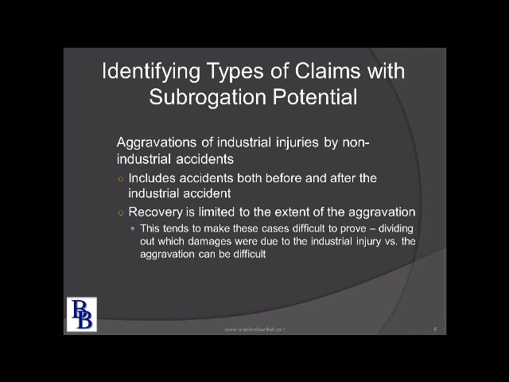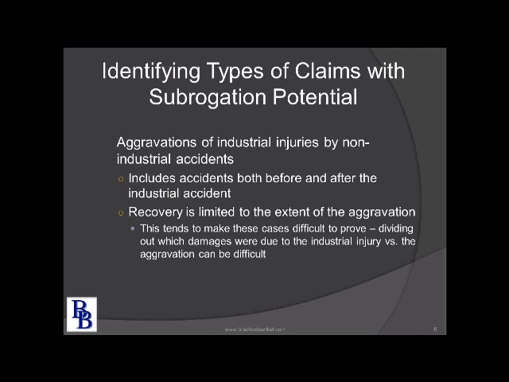But it has the potential to aggravate the injuries he's already suffered. And to the extent you can establish that aggravation, you can sue that other driver who caused the accident and recover the money. Now, the problem you've got there is that you can only recover the aggravation. Obviously, you can't recover for the injuries the employee had already suffered. So you've got a somewhat difficult proof problem here.